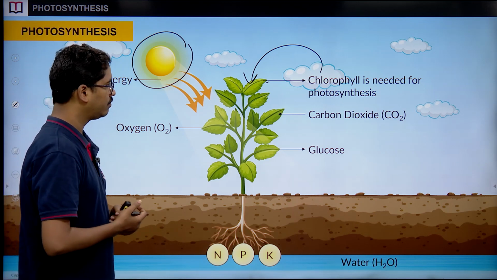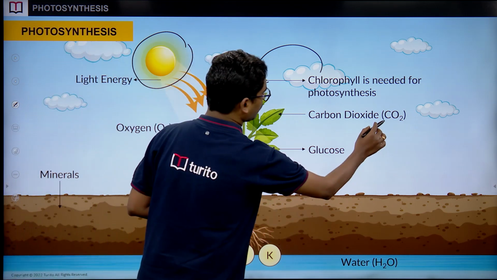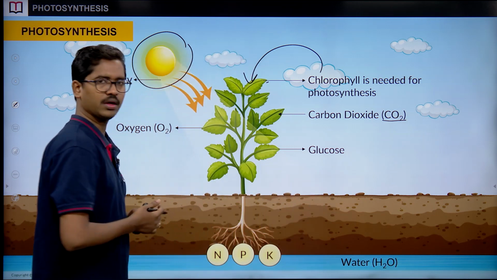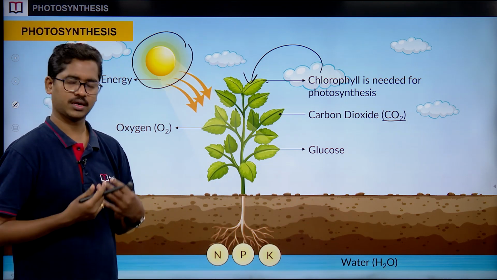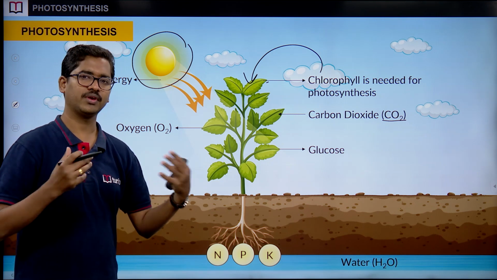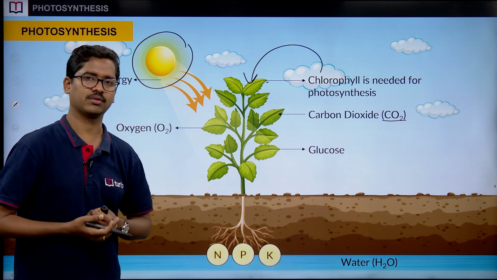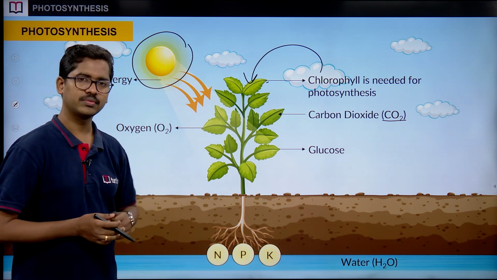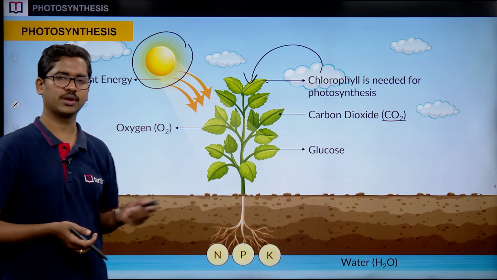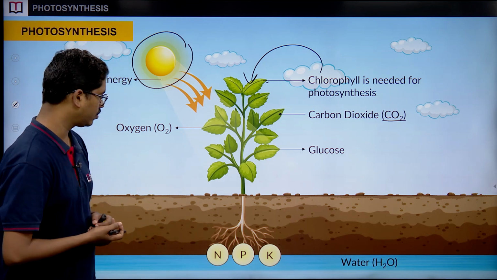Next, we need carbon dioxide, which is available in the atmosphere. You are there, I am there, and there are many other organisms which give out carbon dioxide. So, they take up the carbon dioxide and they use water.